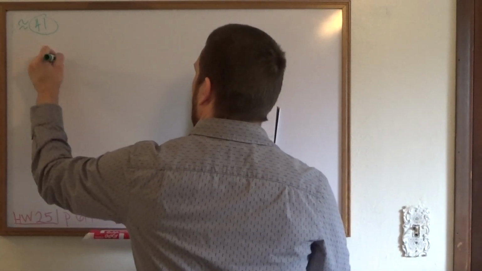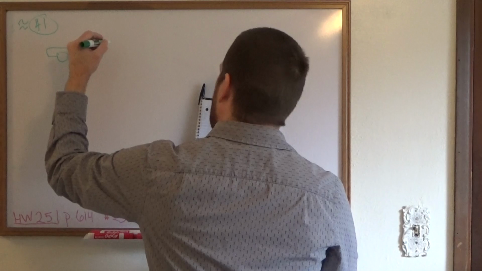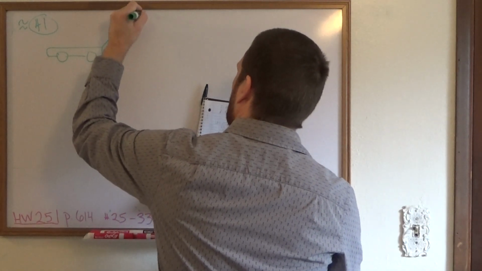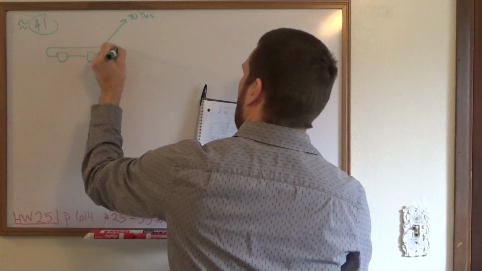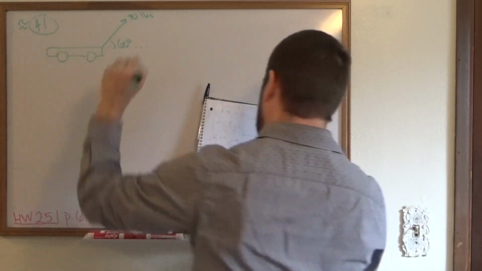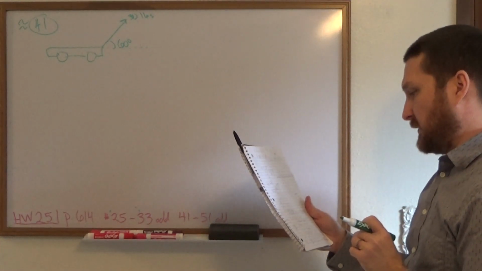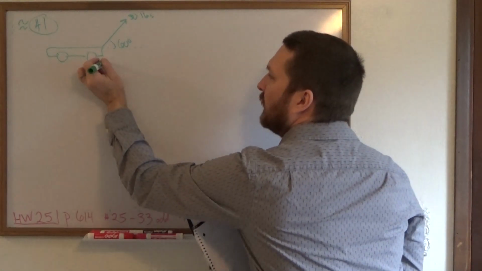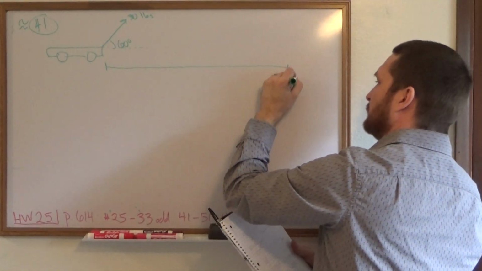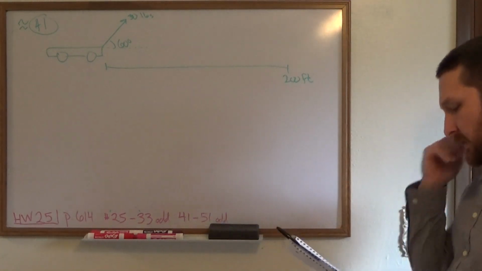You have a wagon, I think is what it is, and you pull with 30 pounds of force at an angle of 60 degrees. And you pull it a distance of 200 feet. And we want to know what's the work done.